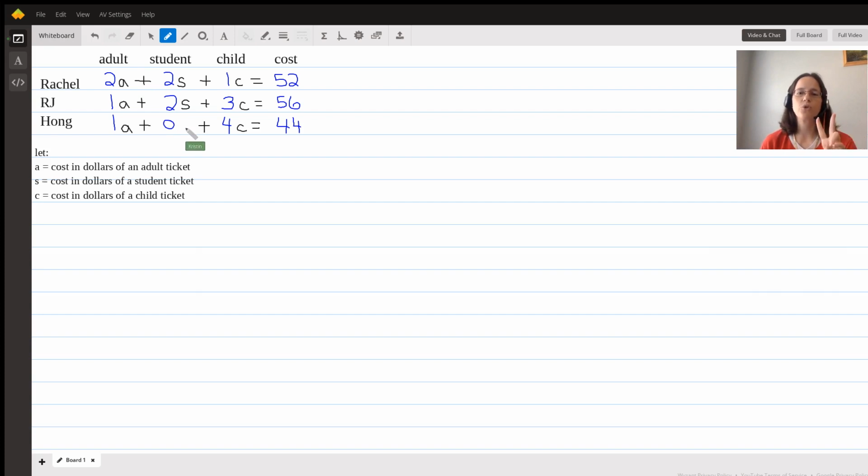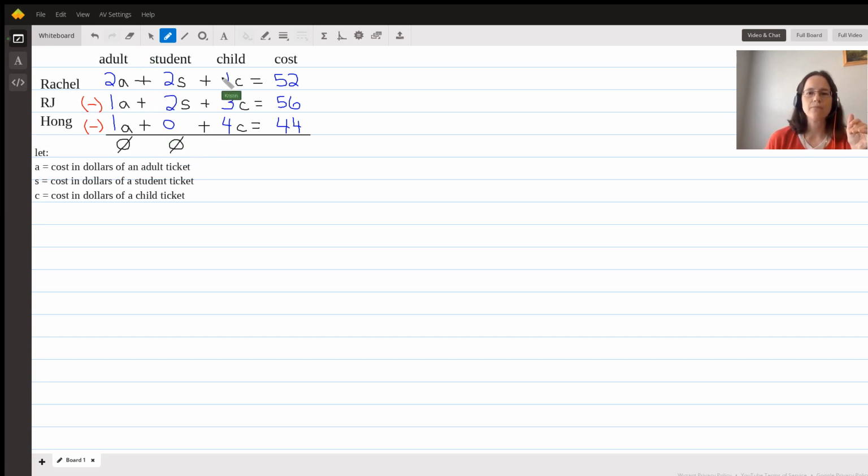At this point, we have 2 options for solving. We could use elimination or substitution. Now, I noticed that if I subtract RJ's equation and Hong's equation from Rachel's equation, then my adult tickets cancel out and my student tickets cancel out, because 2 minus 1 is 0 and 2 minus 2 is 0.